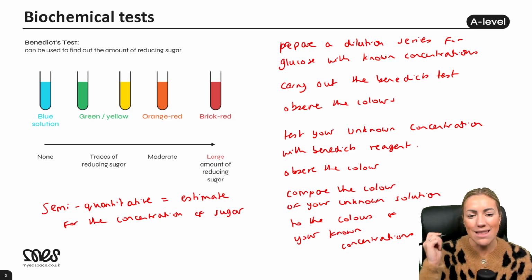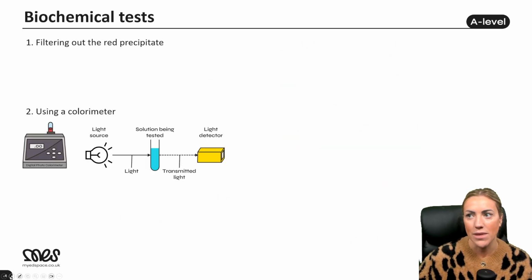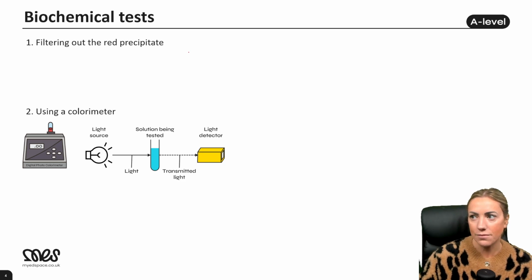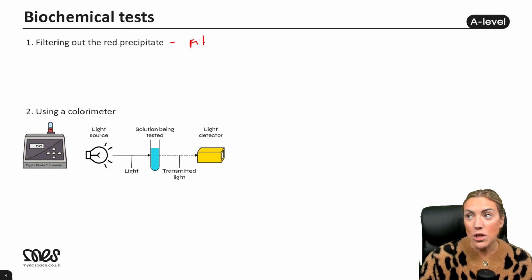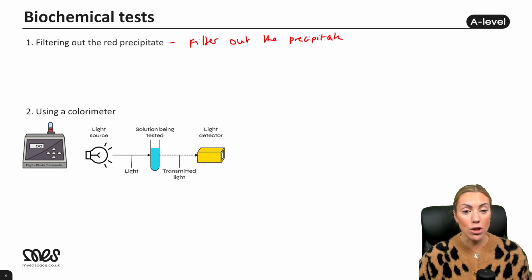Now, how can we make this fully quantitative? I'm just going to suggest a couple of other methods that you might come across in A-level biology. If we want numerical data, there's a couple of things we can do. We could carry out the Benedict's test on our solution, whether that's a reducing sugar or a non-reducing sugar. Then, once we've done it, we could filter out the precipitate. Let's say we carry it out on a glucose solution.